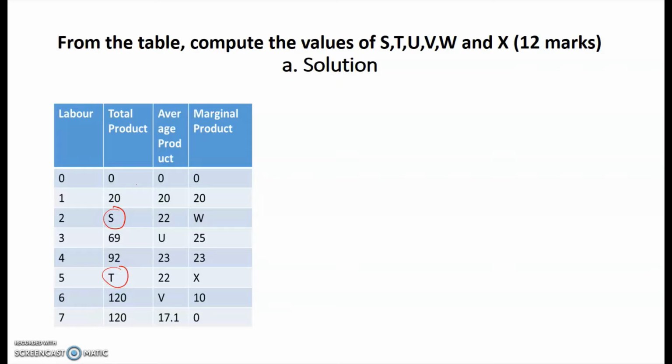Now to calculate for the total product, in my previous video, I said with total product, the formula is the average product times labor. The AP represents average product, the L is labor. So this is the formula for calculating the total product.